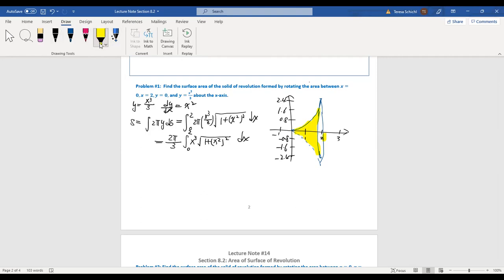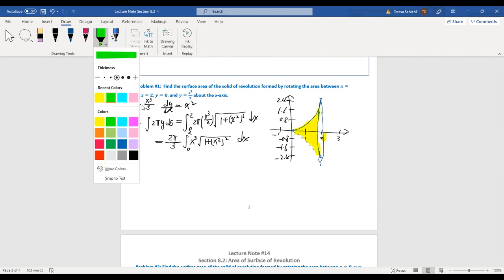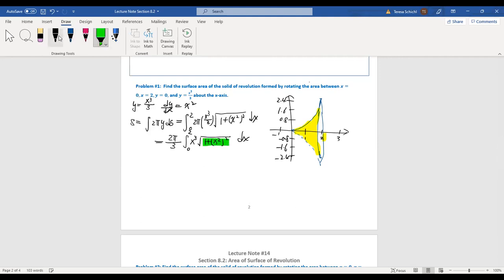Then here I say, oh, I can do a u sub here, right? So I can do a u sub. So u is 1 plus x to the fourth. So du is equal to 4x cubed dx. All right. Then I can say du over 4 is equal to x cubed dx.